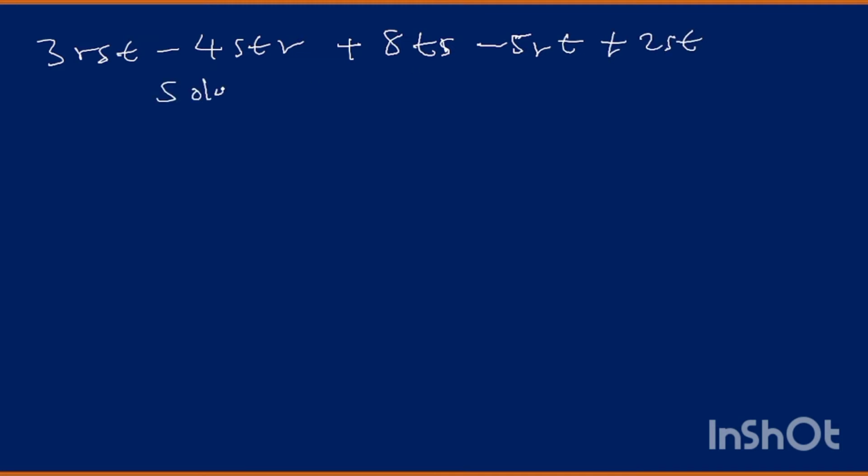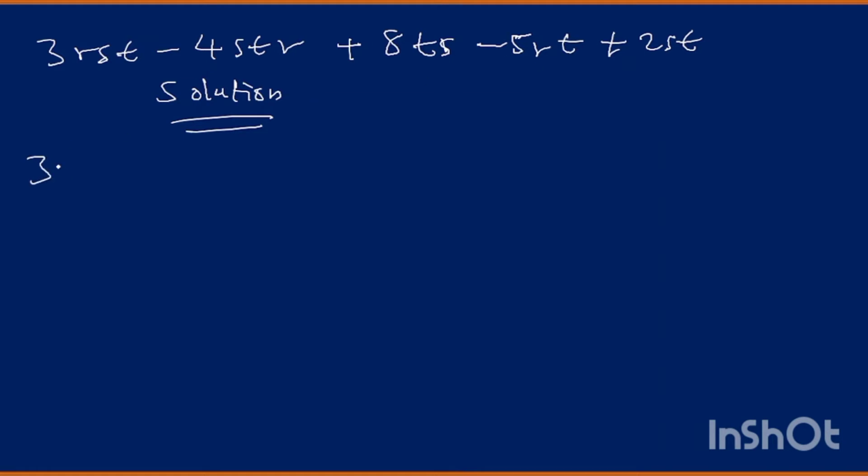So let's solve this and call it the last one for this. You can actually pause this video and solve this for yourself. So let's look at this. We have 3rst and 4str. These are alike.